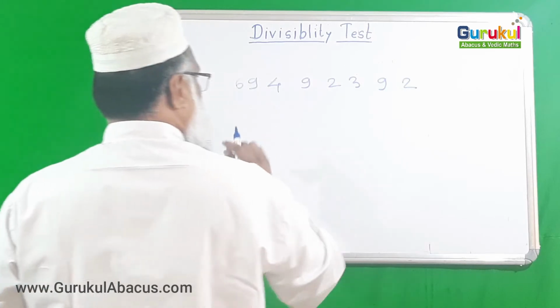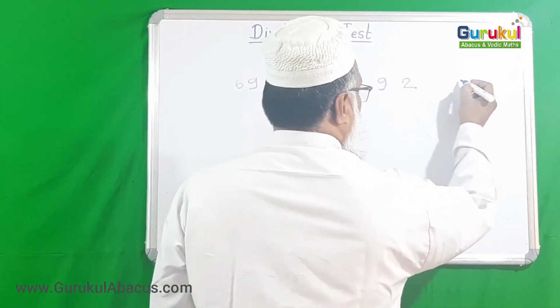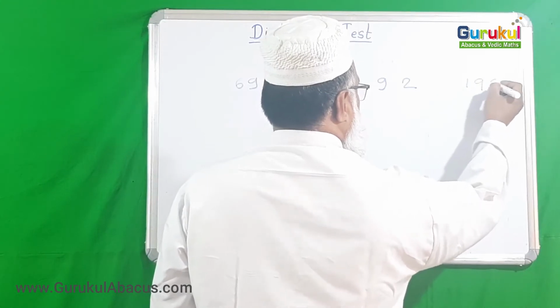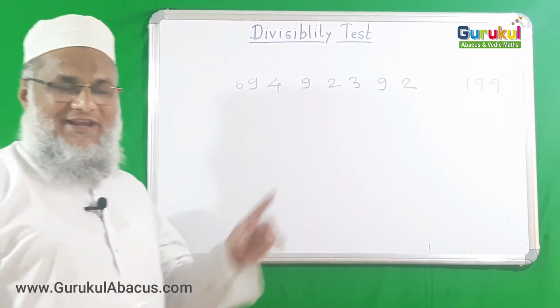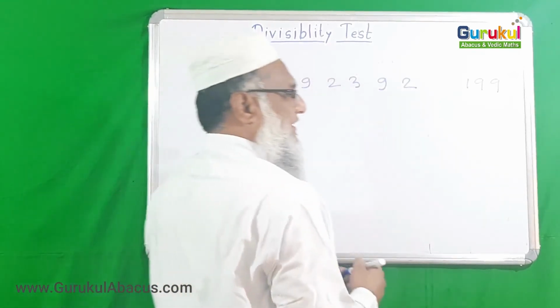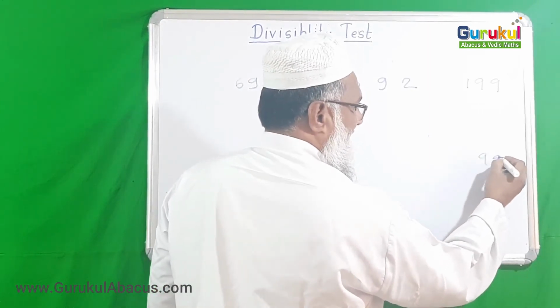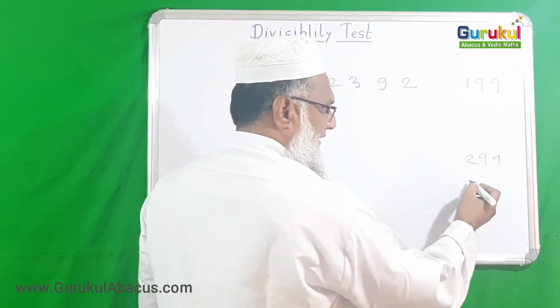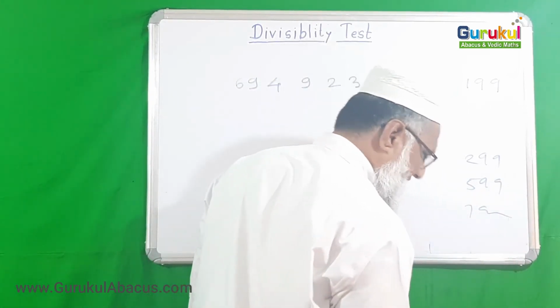Now here with me one number is there, and suppose I am going to check whether this number is exactly divisible by 199 or not. Okay, so it is not only for 199, all the numbers that end with 99, let it be 299, let it be 599, let it be 799, and so on.